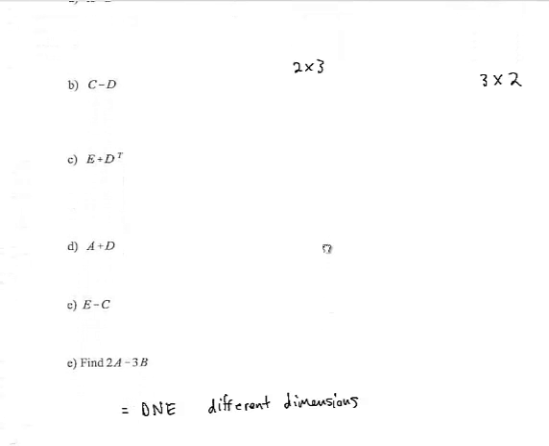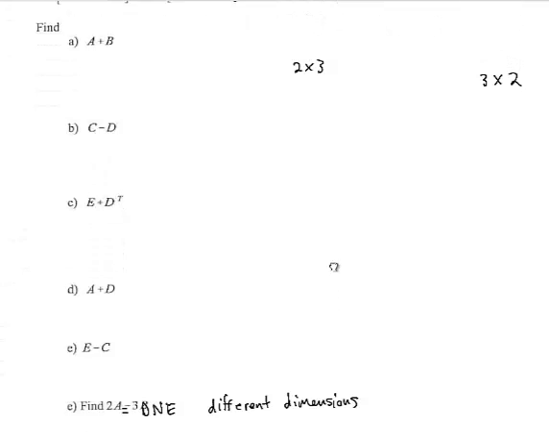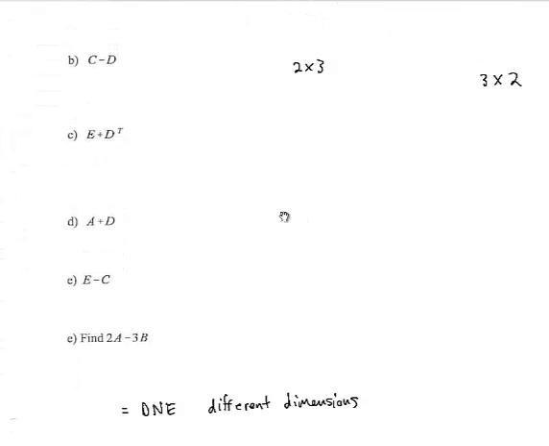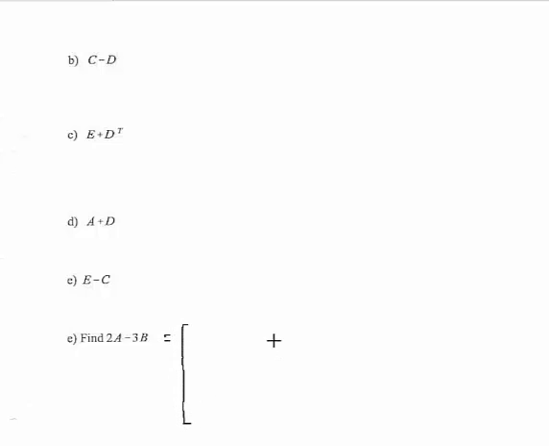Let's see, 2a minus 3b. What we're doing here is we're multiplying a and b by numbers, and then we're subtracting them. So first we'll multiply a by 2. This is going to be 2a.